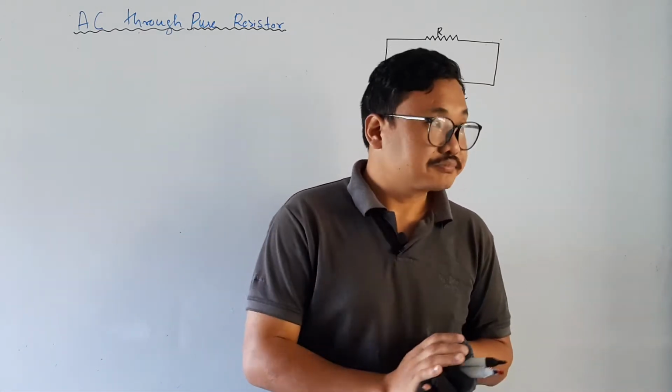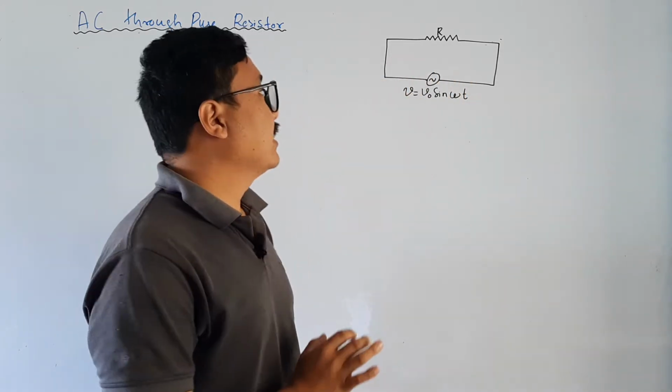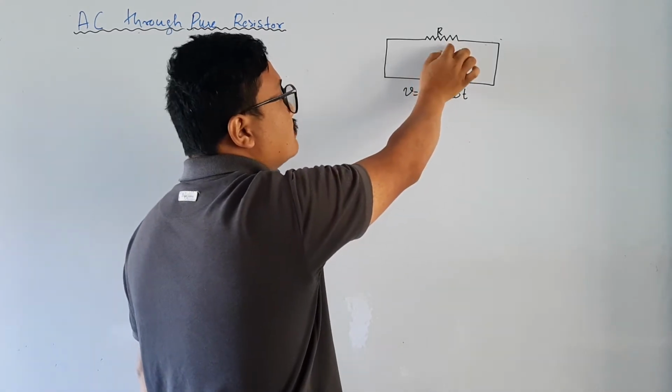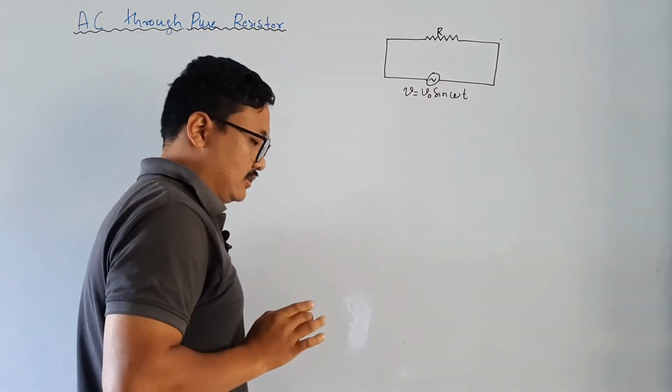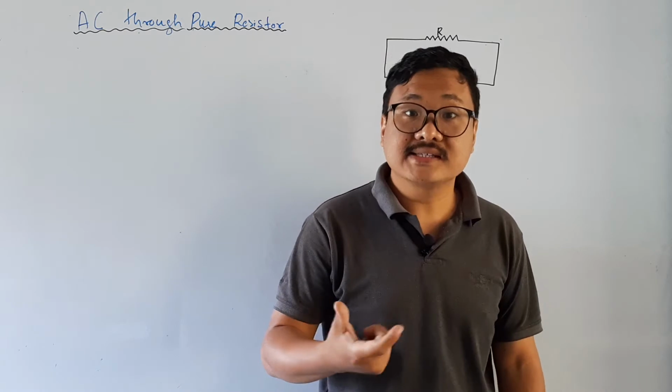So let us consider this circuit in which we have got an AC voltage and a resistor whose resistance is R, and this is my AC voltage. Now I am saying AC voltage, and sometimes I also say AC current.